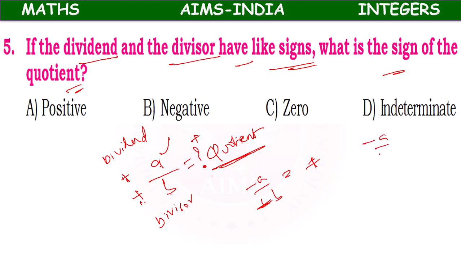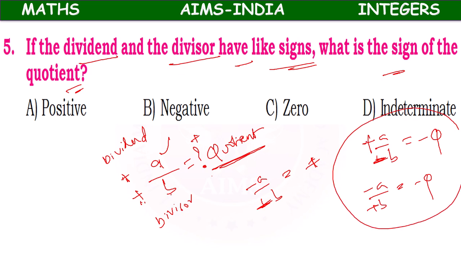If they have unlike signs, plus and minus, then the quotient will be minus. Only if they have unlike signs will the quotient be minus. If they have like signs, either both plus or both minus, the quotient will be positive. So here they have given like signs, so the quotient will be positive.